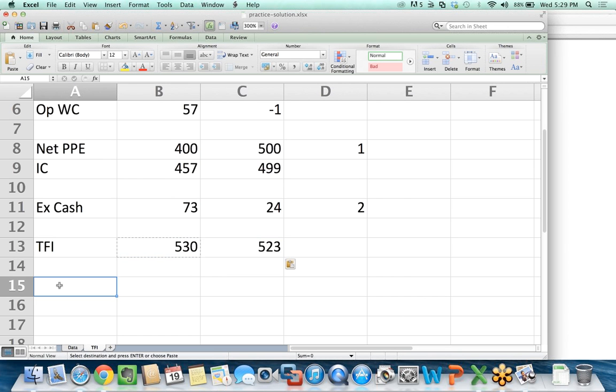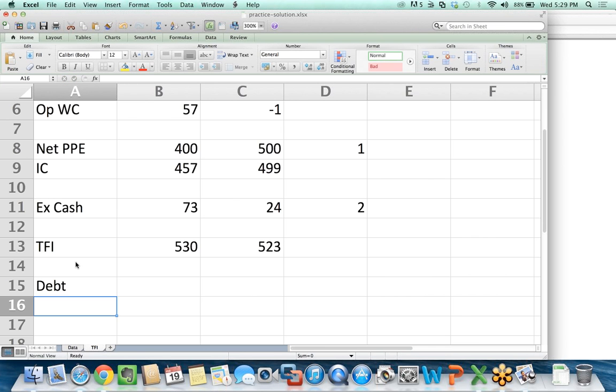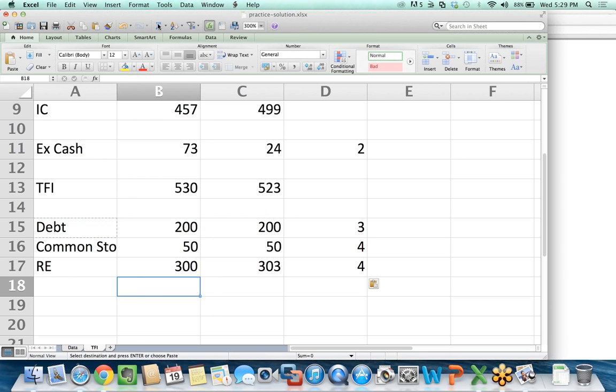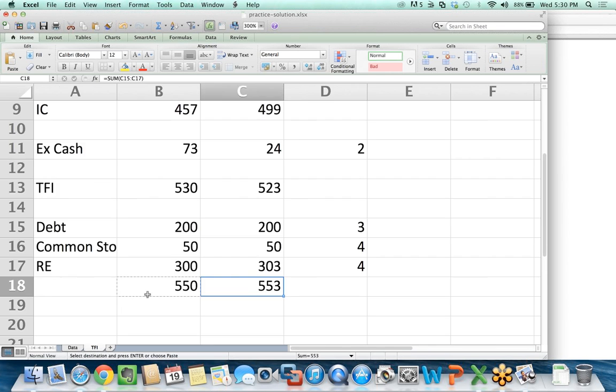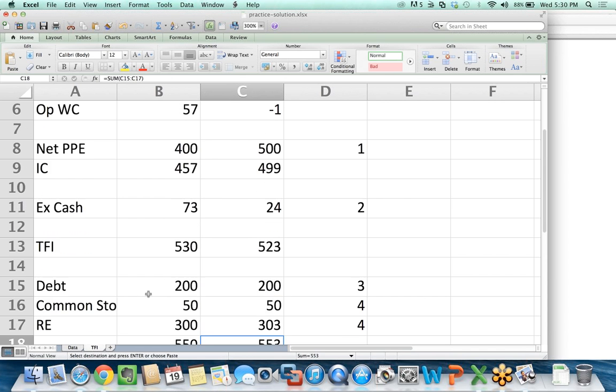How am I financing that? I'm financing it by any 3's, any debt, and any 4's, any equity. And if I add my 3's and 4's together, I get a mistake. Or did I mess up?